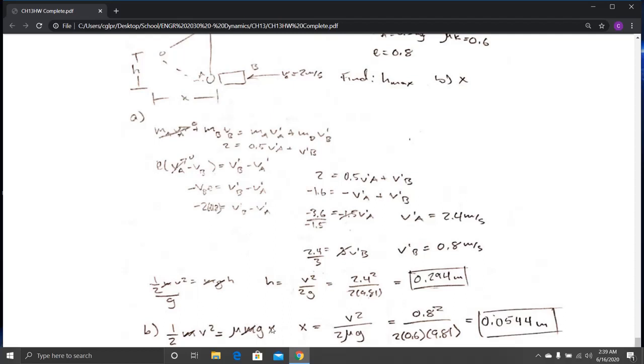Again, I just isolate for x after canceling out the masses, since they are the same, and plug in the velocity of the block after the impact, and find that it'll travel about 54.5 millimeters before coming to rest.